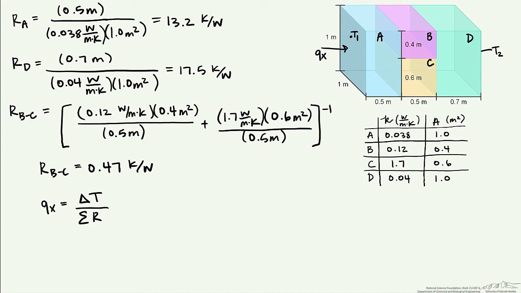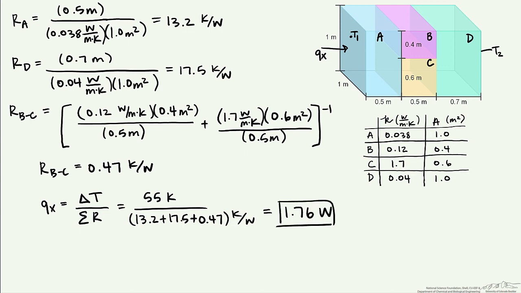So that's going to be 55 K divided by, now we just sum these all up, 13.2 plus 17.5 plus 0.47. And these are all in Kelvin per watt. And when we calculate this, we end up with a heat transfer rate of 1.76 watts.